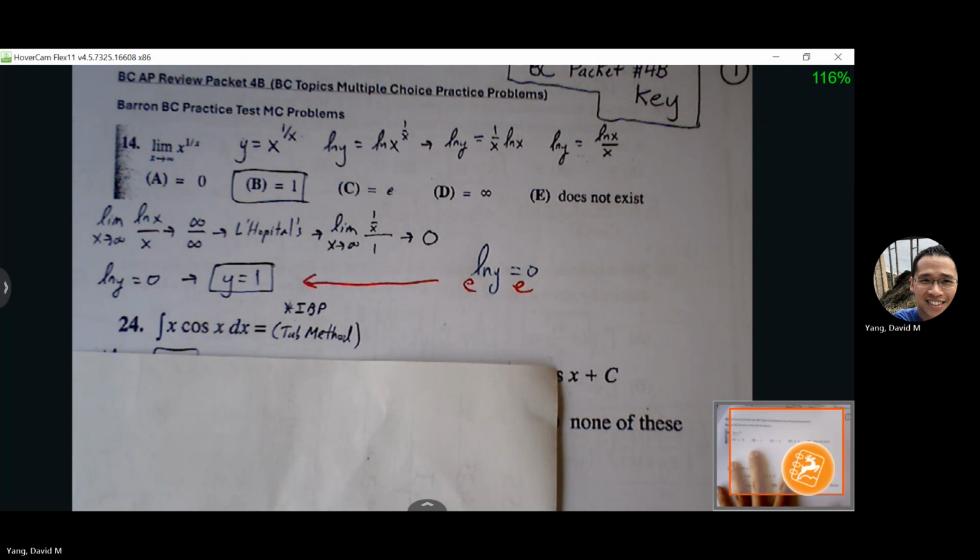24. If I see two different families of functions, obviously we want to try u substitution first, but you can tell that x cosine x is not going to quite get us where we want to be with u substitution. And this is one where we want to involve integration by parts because we have two different families of functions being multiplied together.